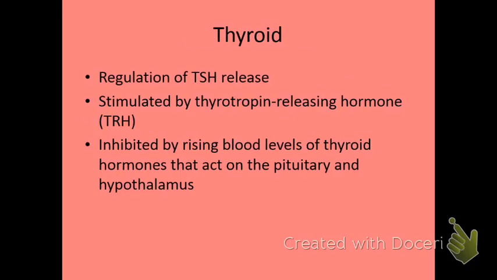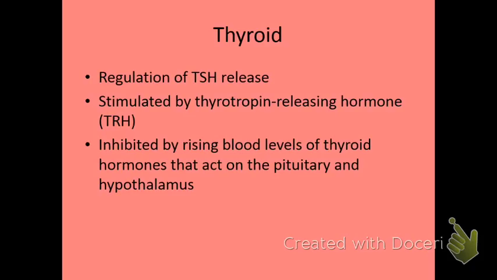So the thyroid has several different hormones that help to stimulate the production of thyroxine. We have thyroid stimulating hormone, and then we have thyroid releasing hormone, or thyrotropin releasing hormone. These hormones work together in a kind of cascading effect to create this thyroxine.